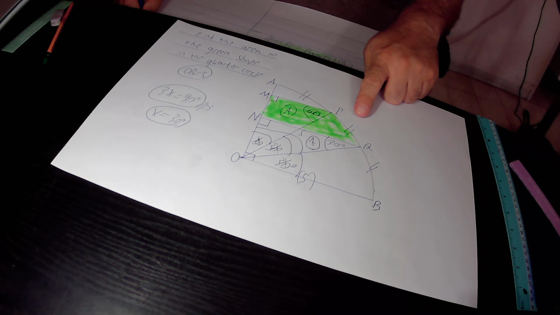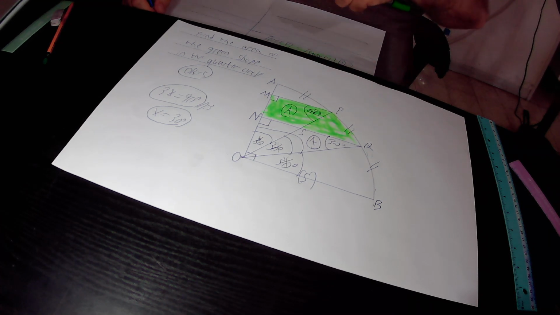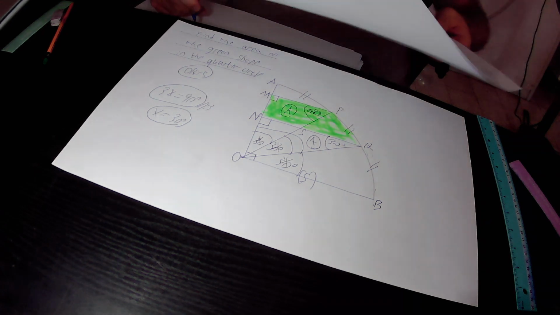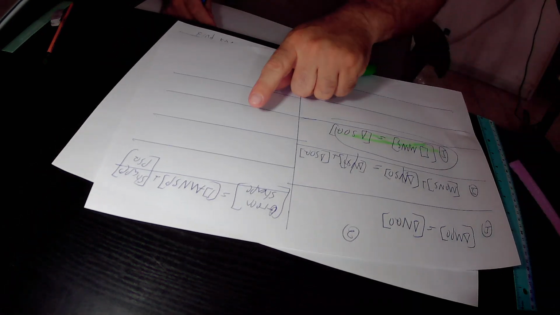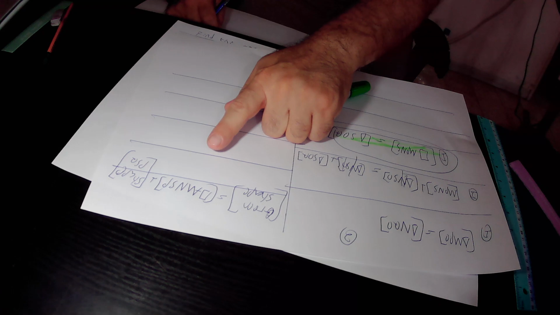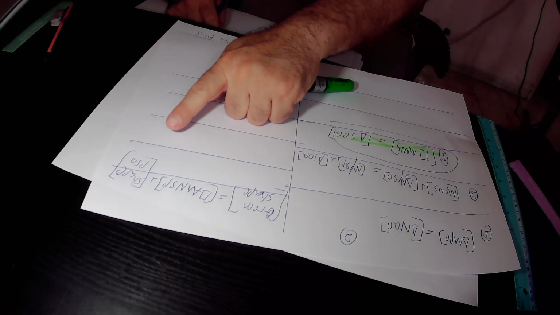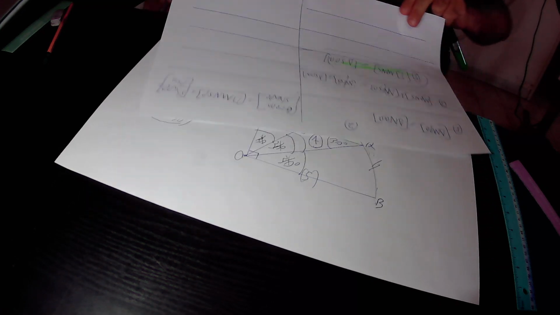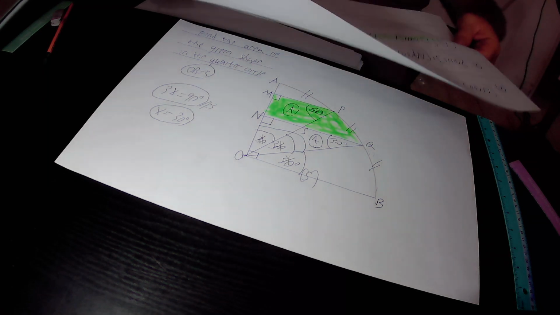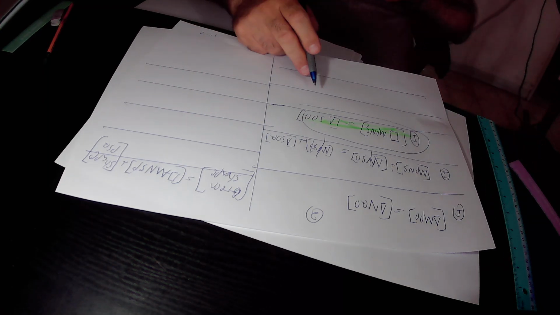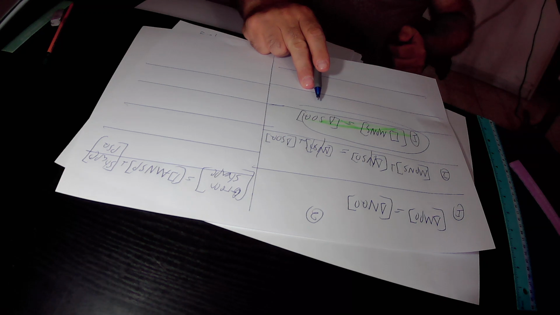So to repeat, the area of this green shape in total equals the area of the green quadrilateral MNSP plus the area of the green shape PSQ. But we already found out that the area of quadrilateral MNSP equals the area of triangle SOQ.